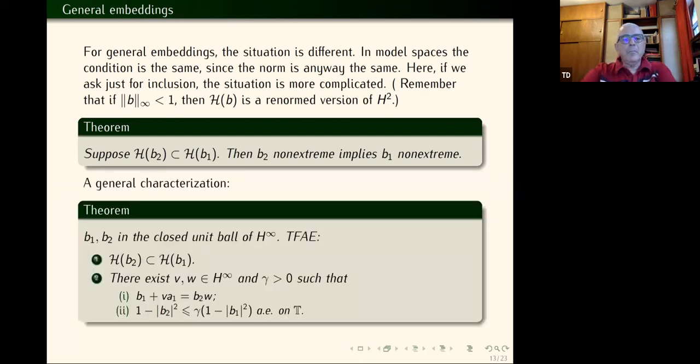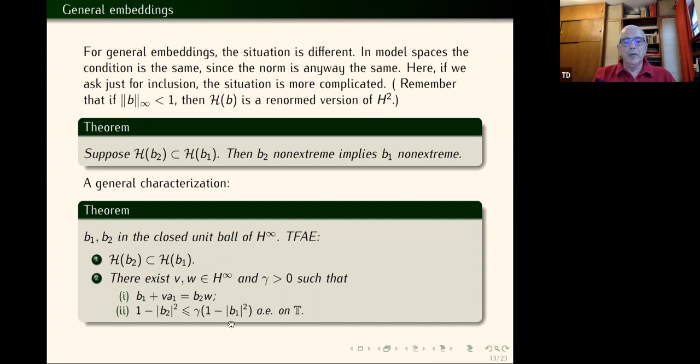Namely, if we have two functions in the closed unit ball, then H(B2) is contained in H(B1) if and only if we have two functions V, W in H infinity and a constant gamma such that these two conditions are satisfied. So it's a little bit complicated.